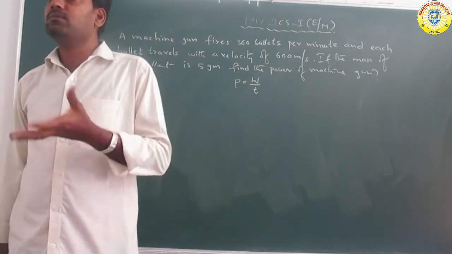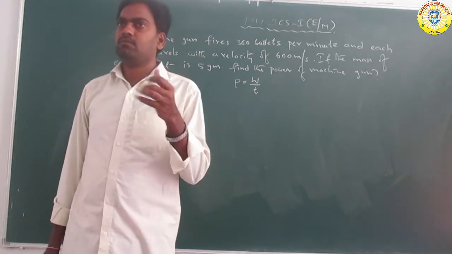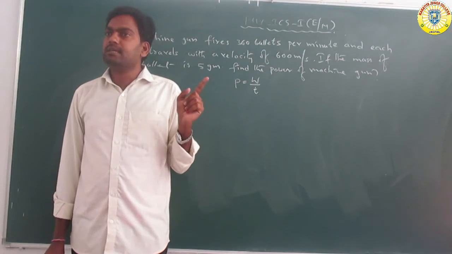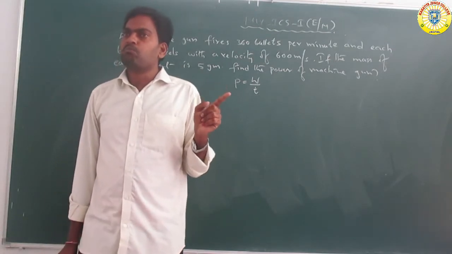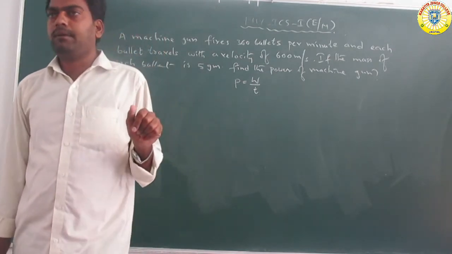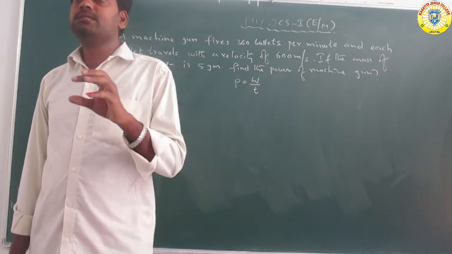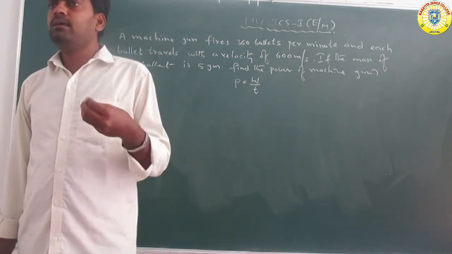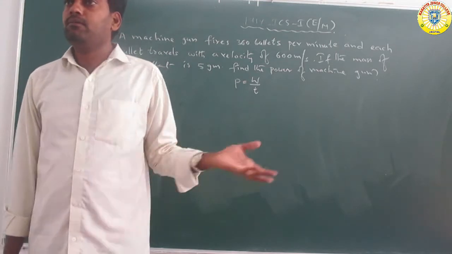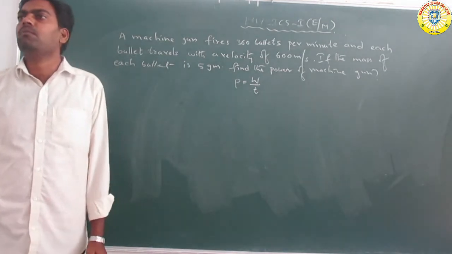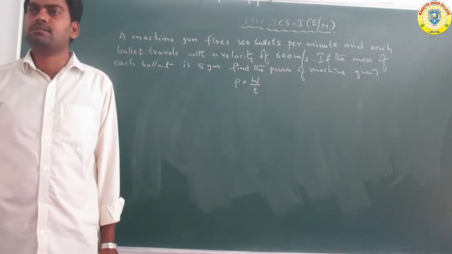So what is a watt? Watt means power. Power is work done by time, the rate of doing work, so how much work is done per unit time. Power is W by t, measured in watts.